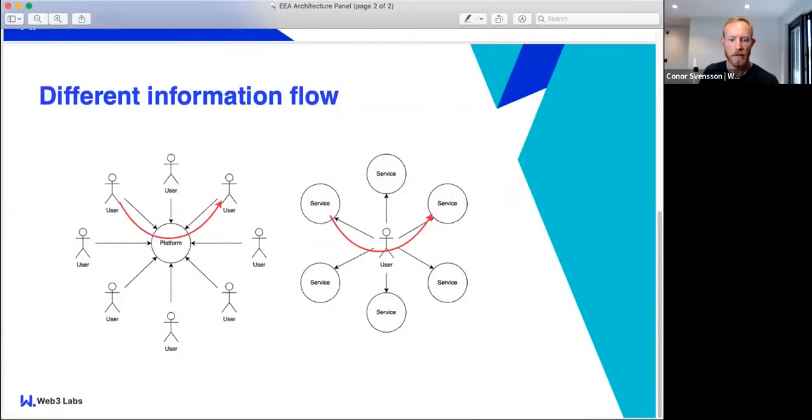So if we can bring the slide back up, it might illustrate it a little bit better. As Ken says, on the left you have that traditional model with this platform in the center, but with the Web3 paradigm, it splits. So you have these services, and you can think about each of those different services.